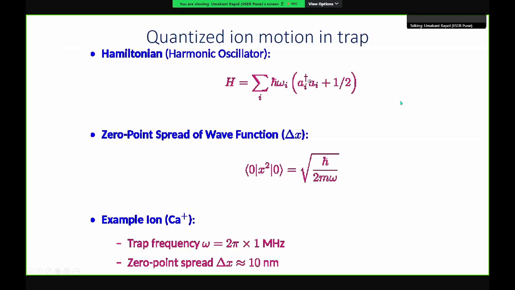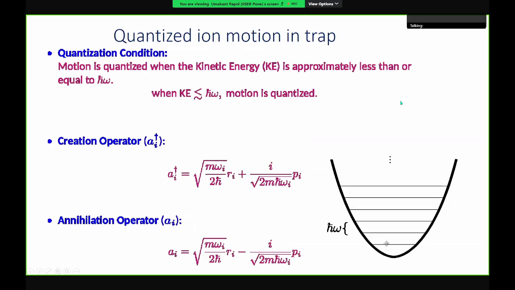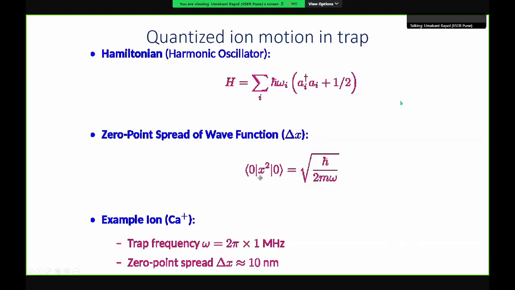For the harmonic oscillator, you can write the Hamiltonian for the harmonic oscillator mode. And in this harmonic oscillator, you can calculate the extent of the wave function in the ground state by calculating the mean square of the displacement in the lowest motional mode, and that will be the square root of h bar over 2 omega.